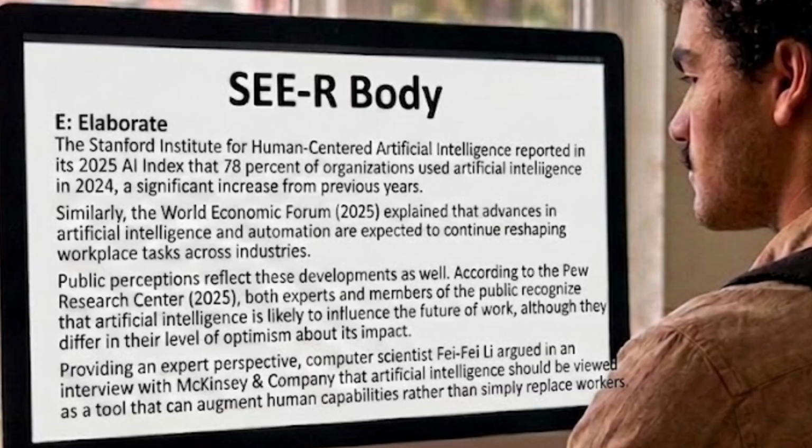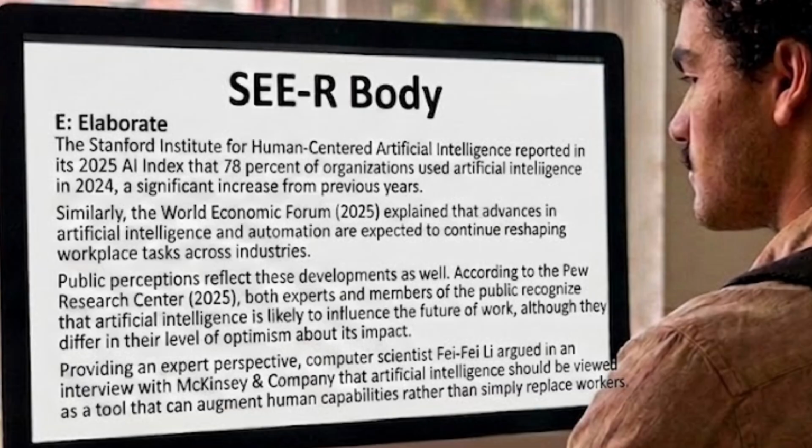Similarly, the World Economic Forum 2025 explained that advances in artificial intelligence and automation are expected to continue reshaping workplace tasks across industries. Public perceptions reflect these developments as well. According to the Pew Research Center 2025, both experts and members of the public recognize that artificial intelligence is likely to influence the future of work, although they differ in their level of optimism about its impact.